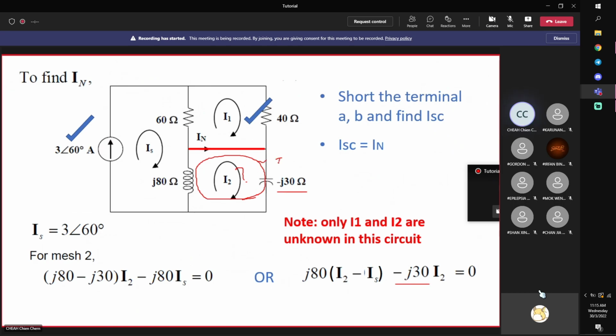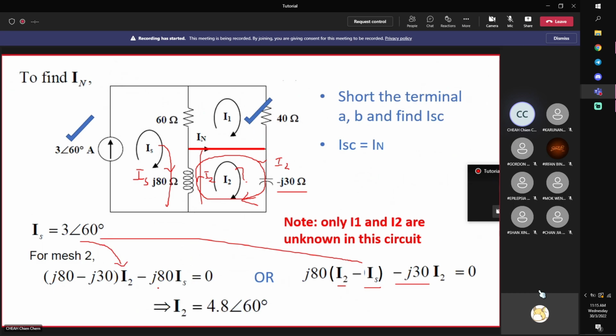But this branch, be careful, it consists of IS going downwards and I2 flowing upwards. I'm going this direction, so it's I2 minus IS. Substitute IS into here, or you can group them together first, then substitute. In either case, you'll get I2 equal to 4.860 degrees.